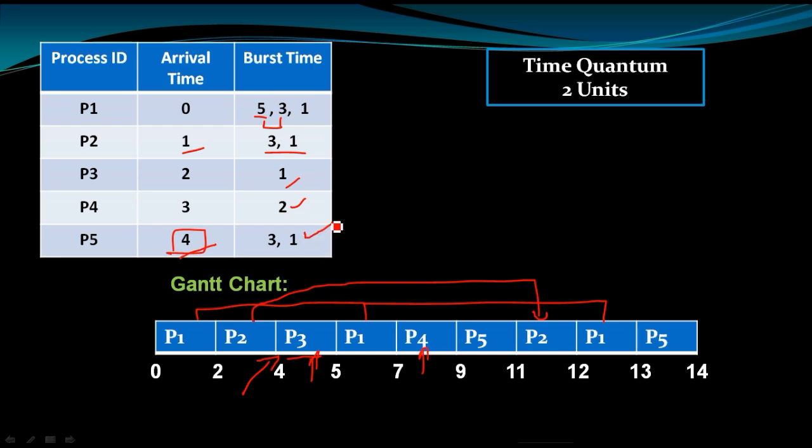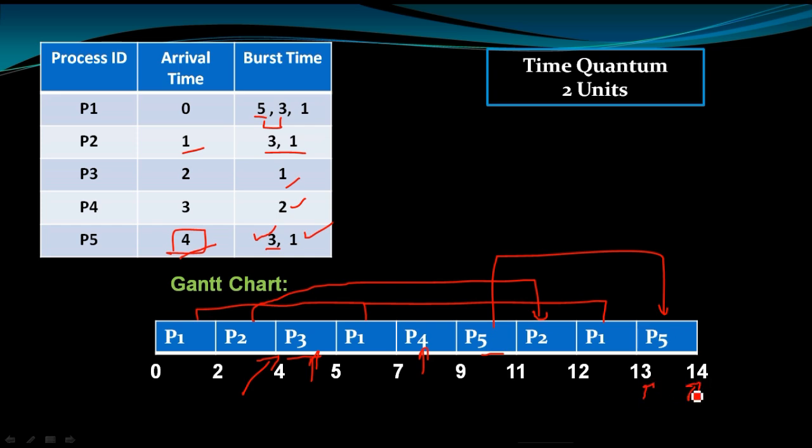Now P5 has 3 nanoseconds of burst time. In the first time quantum it completes 2 nanoseconds of burst time, and the remaining 1 nanosecond it completes at this point. It enters at the 13th nanosecond and completes at the 14th nanosecond.